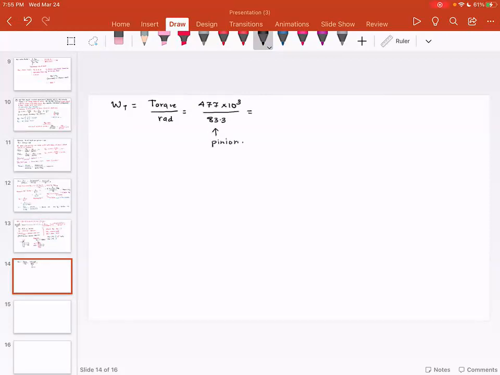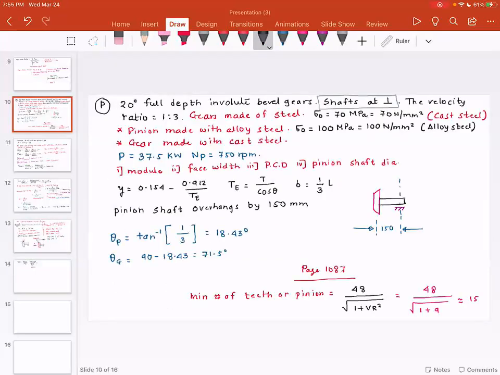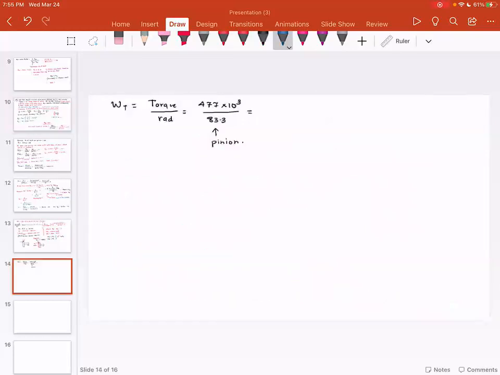Because please note, in the problem, they are asking us to design the pinion shaft. And this is something important to note. Even though our gear was weaker and all the design was done for the gear, since they are asking us to design the pinion shaft, we are finding the tangential load on the pinion.